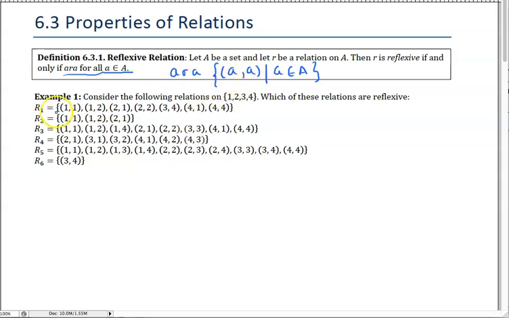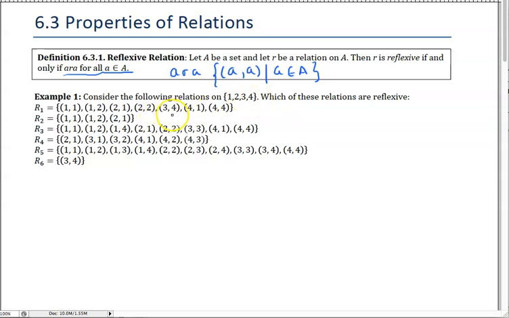Let's look at example one. The following relations are on the set A = {1, 2, 3, 4}. Which of these are reflexive? For a relation to be reflexive, all the doubles in the set have to be in there: (1,1), (2,2), (3,3), and (4,4).